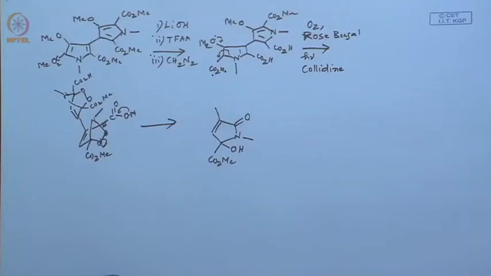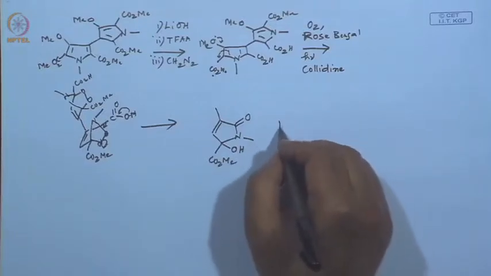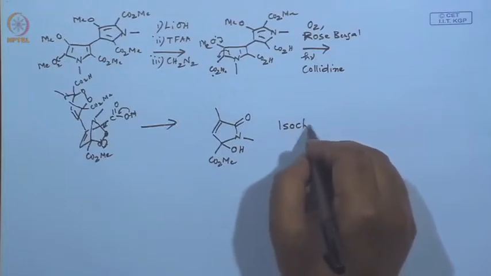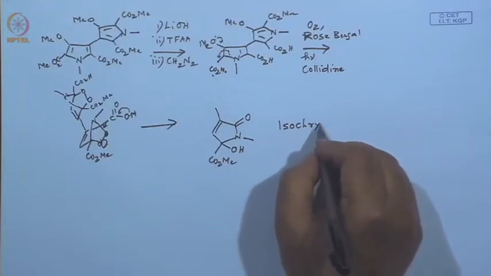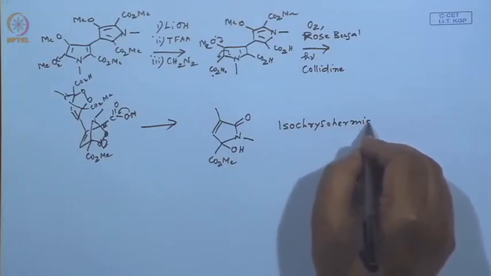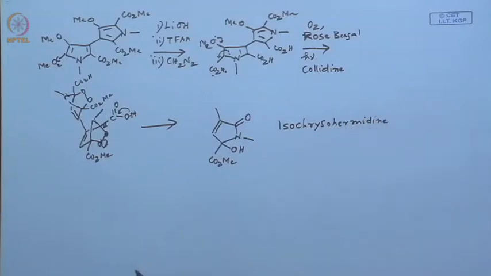So, basically fragmentation would be taking place, and this is the structure of a natural product called chrysoharmidine. So, what it means is that these are useful synthetic transformations, which can also give rise to natural products of complex nature. Okay.